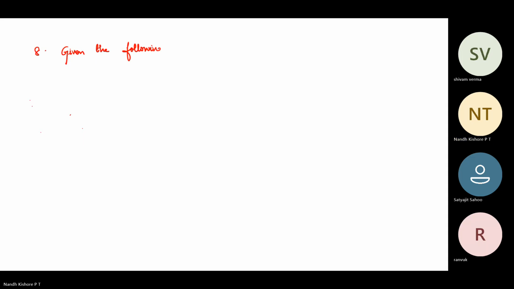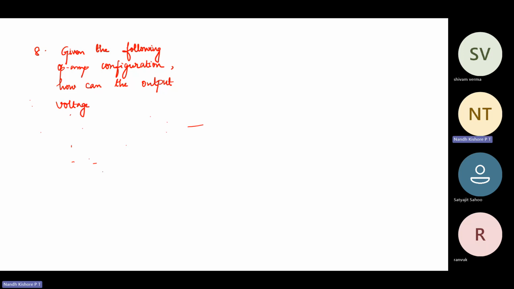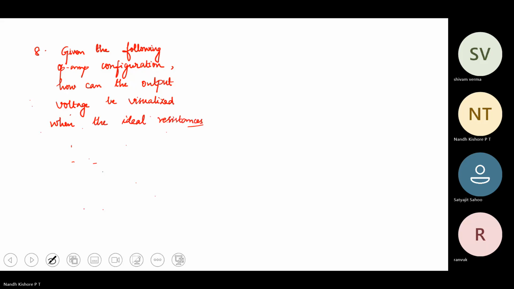Given the following op amp configuration, how can the output voltage be visualized when the ideal resistances R1 and R2 are equal?